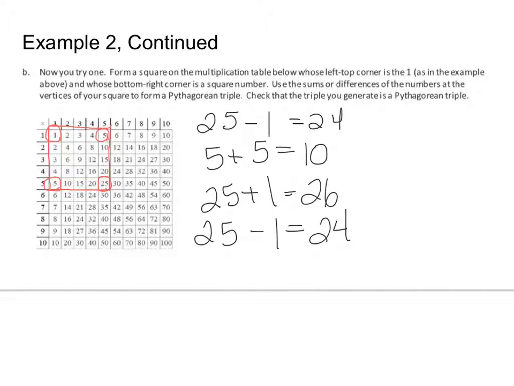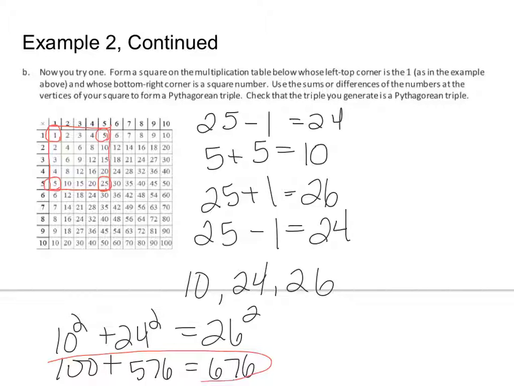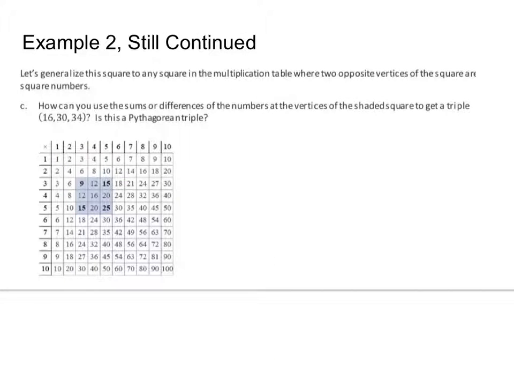So let's look at the triple of 10, 24, and 26 and see if it works. So 10 squared plus 24 squared, does that equal 26 squared? Hold on a second. So yes, in fact, it does work, because 100 plus 576 is in fact 676. Cool.